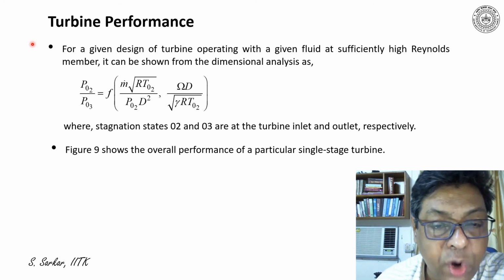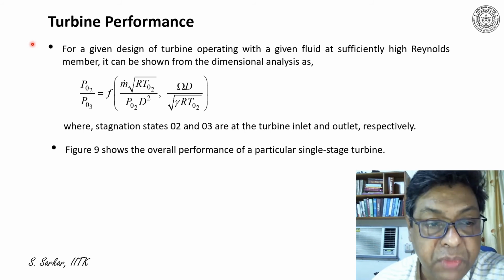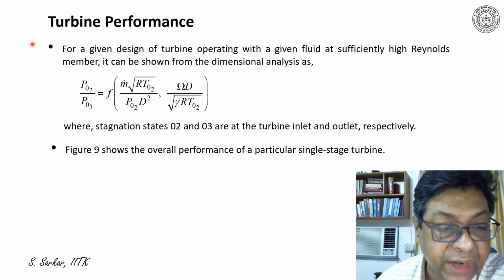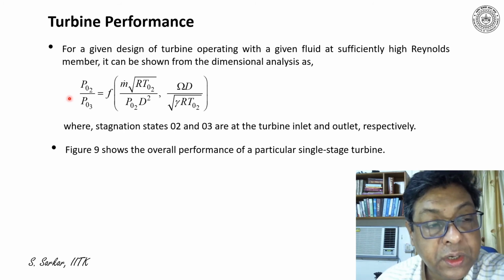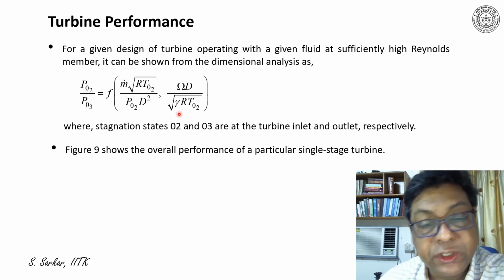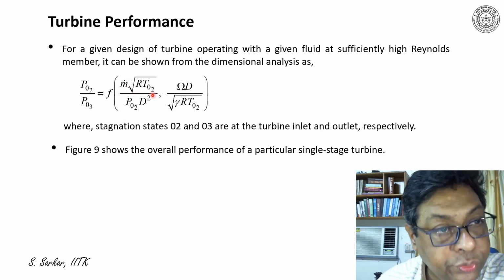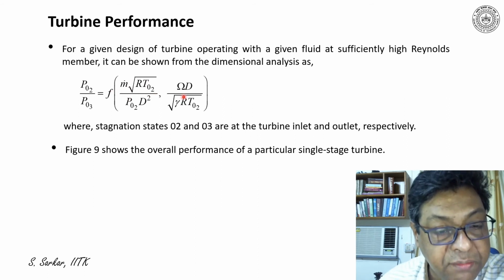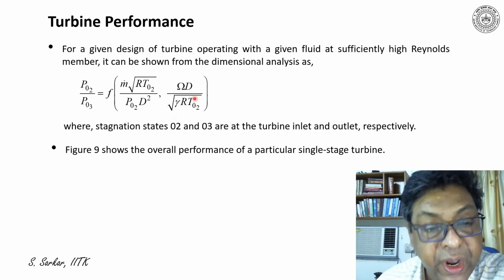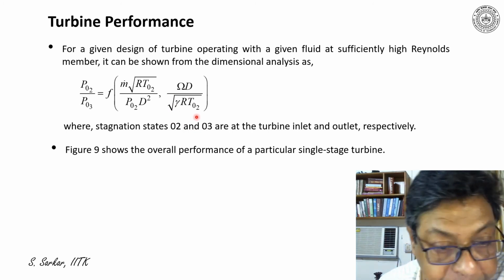For a given turbine operating with a given fluid at sufficiently high Reynolds number, it can be shown through dimensional analysis that P02 divided by P03 is a function of non-dimensional mass flow rate and speed, which can be expressed as m dot root over r T02 divided by P02 d square and omega d by root over gamma r T02.